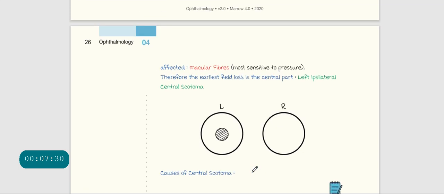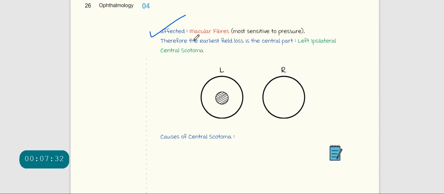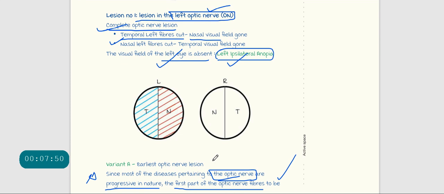This is the most pressure sensitive fiber, or part. So macular fibers are the most sensitive to pressure, and that is why the first affected part of the optic nerve fiber is the macular fiber.